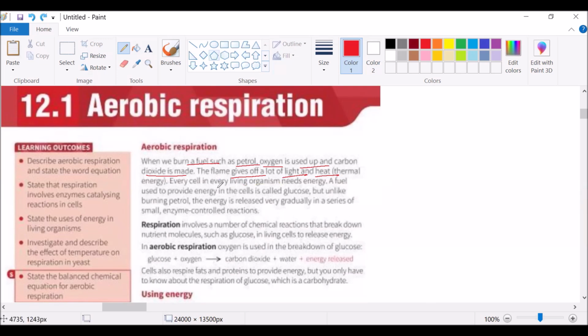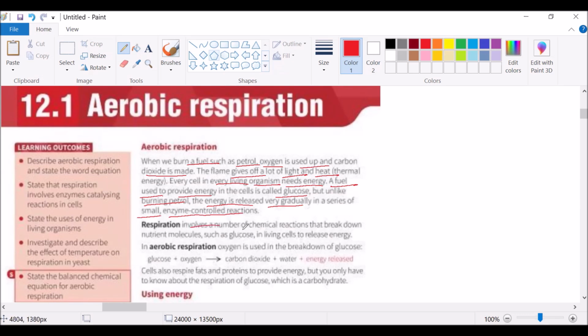Every cell in every living organism needs energy. A fuel used to provide energy in the cells is called glucose. But unlike burning petrol, the energy is released very gradually in a series of small enzyme-controlled reactions.